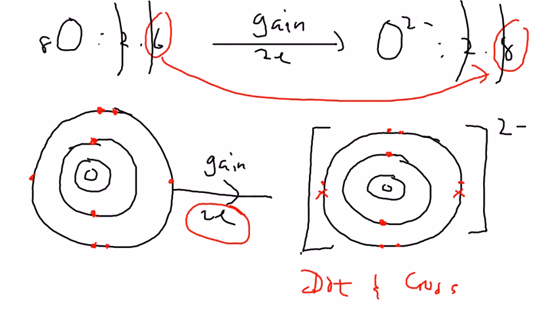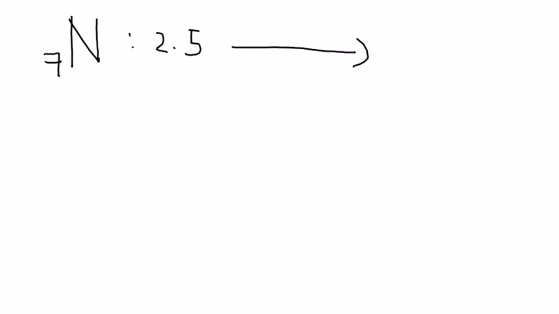Right, the last one. Let's take a look at, sorry, not aluminium. We have nitrogen. We have 7 protons, so 2.5. It gains electrons to become 2.8.